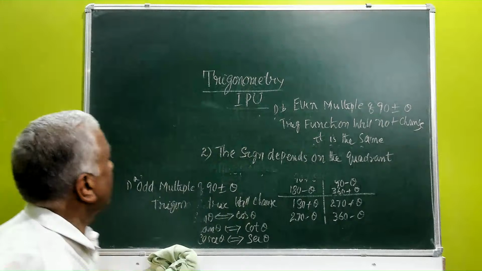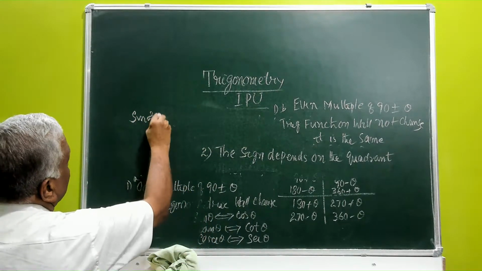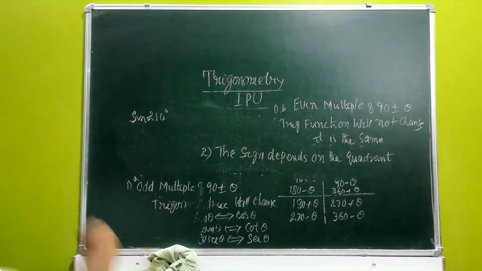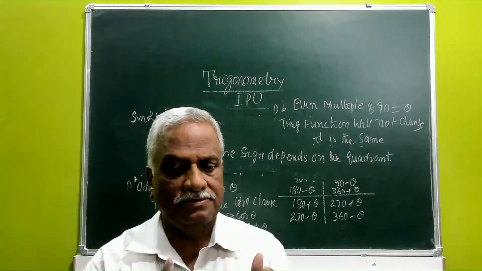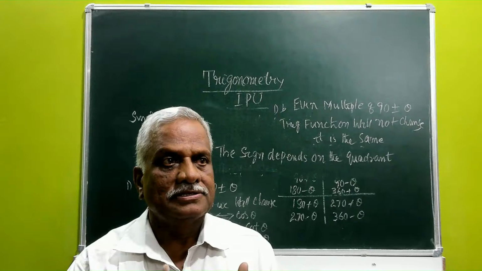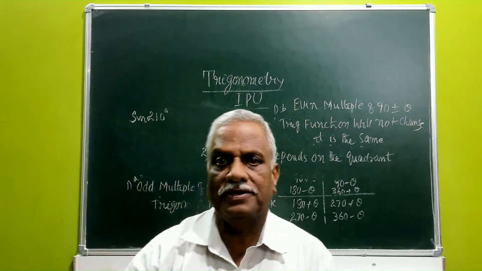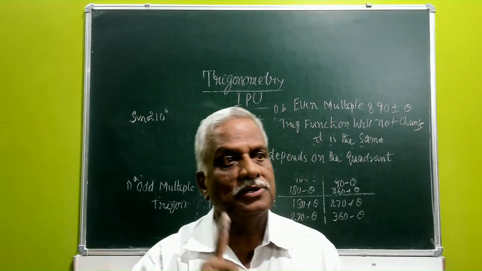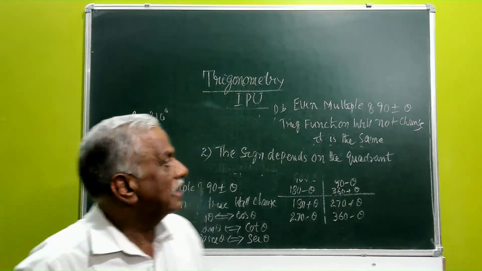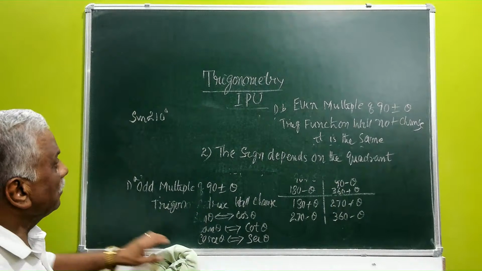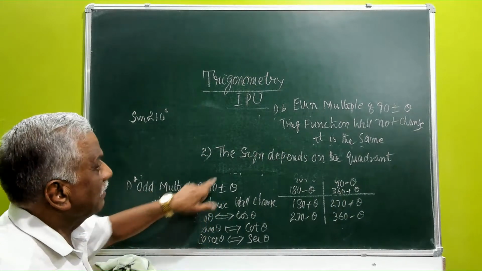If you are asked to find sine of 210 degrees, the basic requirement is that we need to know sine of all the angles. Sine 0 is 0, sine 30 is half, sine 45 is 1 by root 2, sine 60 is root 3 by 2, sine 90 is 1. Now you have to write sine 210. Let us make use of this concept, odd multiple or even multiple.